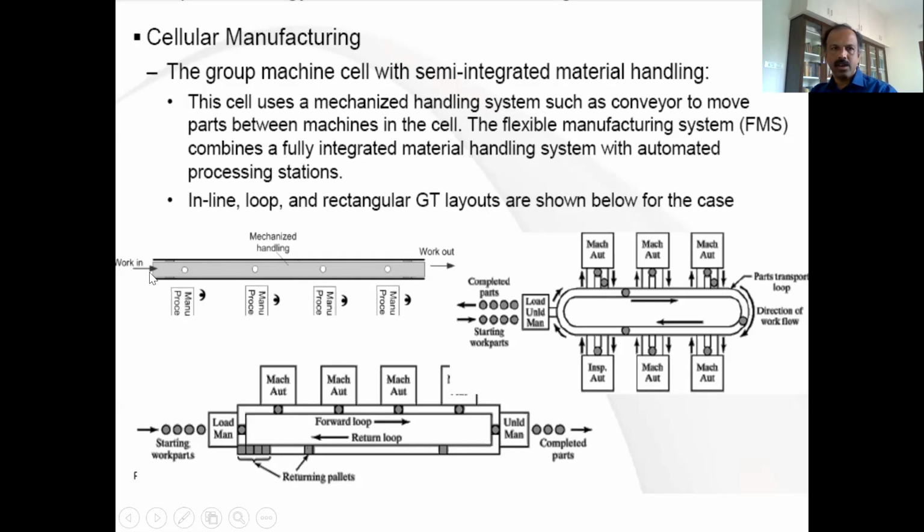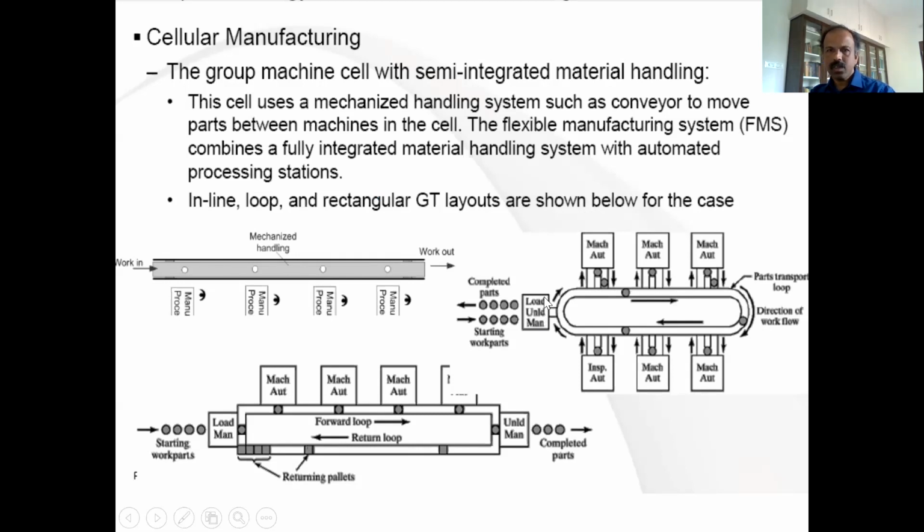In the inline group technology layout, as you know earlier, the work parts move in a straight line arrangement. These are all the machines which are responsible. The other method is the loop layout. In the loop layout, the work part moves in a straight line and also in a circular fashion.